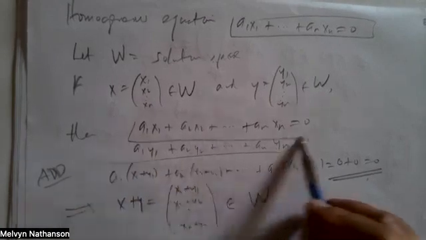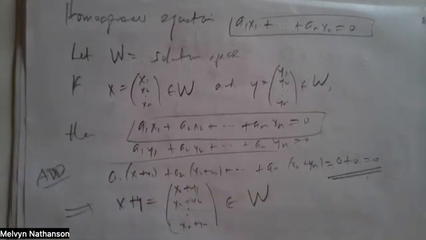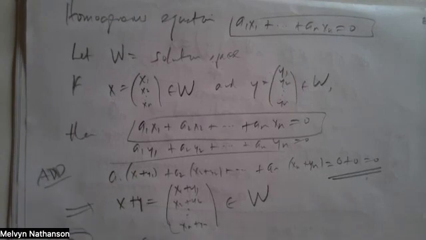Also, if you take this equation and you multiply it by c, c times a1x1 plus a2x2 up to anxn is c times 0. C is just a scalar, that means a real number. And c times 0 is 0.